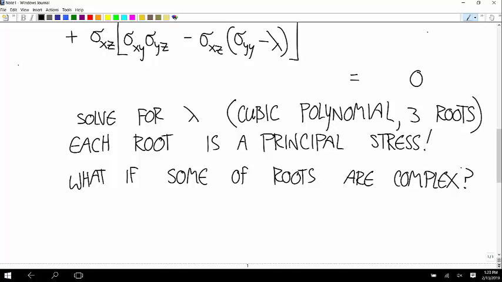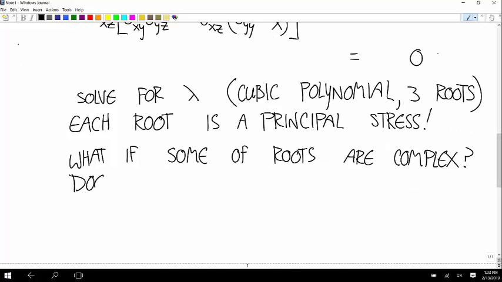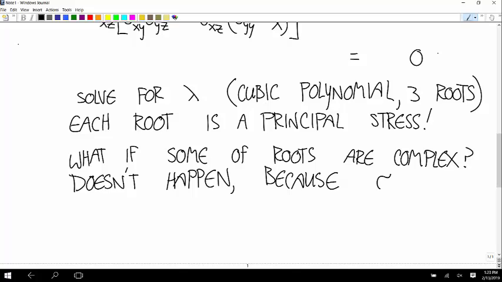You can have complex roots of a polynomial. And then what does that mean if you have a complex stress? Well, I mentioned before, it doesn't happen because the stress tensor is symmetric, and symmetric matrices only have real eigenvalues.